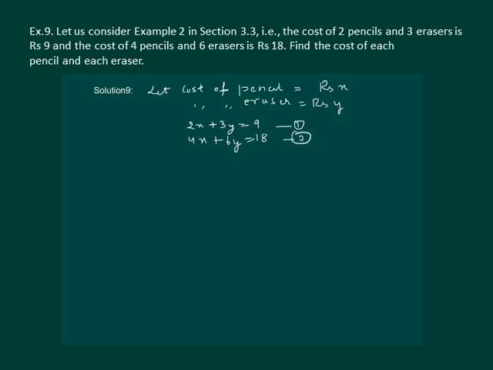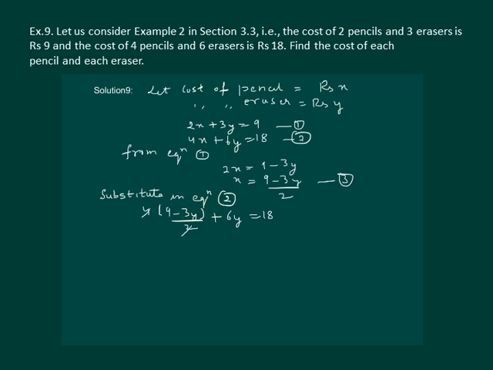So from equation 1, we get 2x equal to 9 minus 3y, x equal to 9 minus 3y by 2. Substitute this in equation 2.